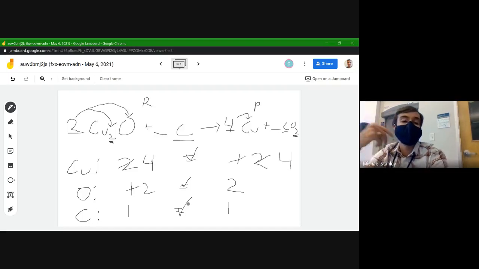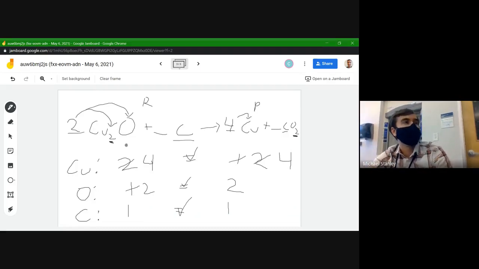All right, so I really like this example because it's a great way of showing that it's okay to unbalance something that was already balanced, right? We started off, the first thing we did was balance our Cus, but then when we went to balance our oxygens, we ended up changing the Cus, and that's okay.